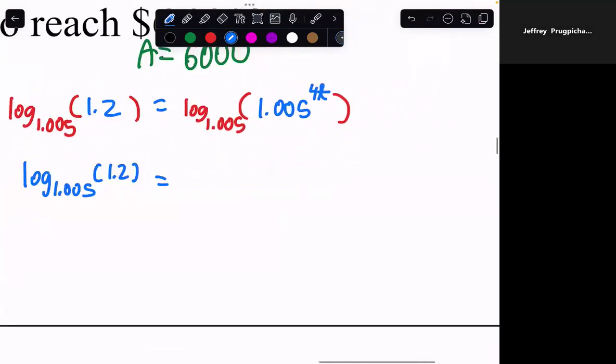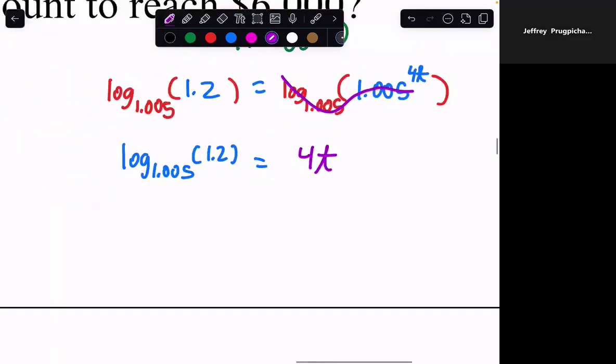But the right side, the whole point was that we wanted to cancel out the 1.005, and doing log base 1.005 will cancel it out. So those parts cancel out, leaving the 4t behind. And then lastly, we want to get the t by itself. Right now the 4 is in front of it, so we can divide both sides by 4.